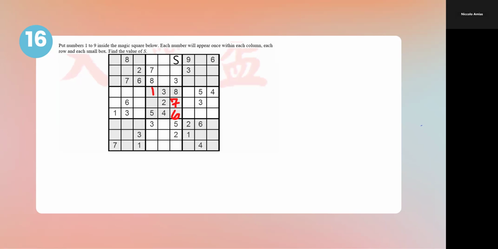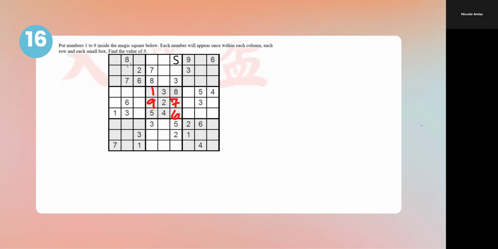So since we got the middle square, it should be easy. Let's work on the top left square. So first we need to get 1.